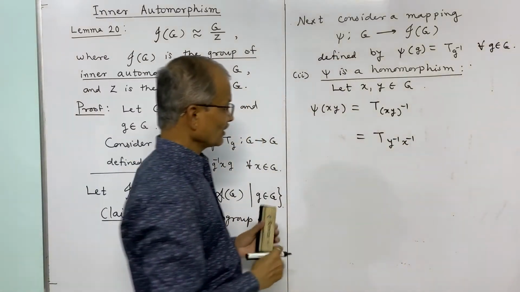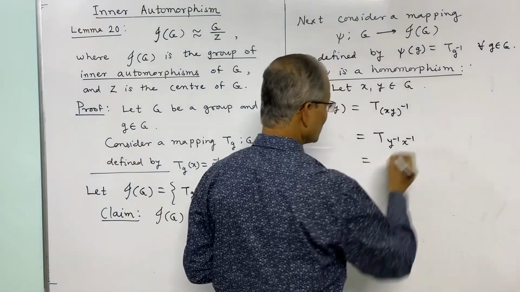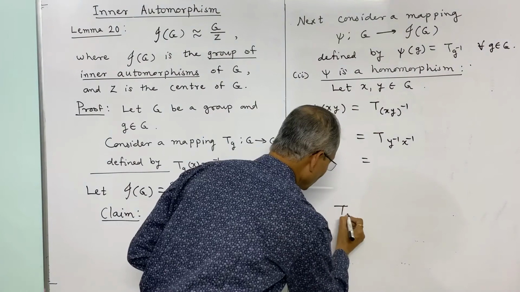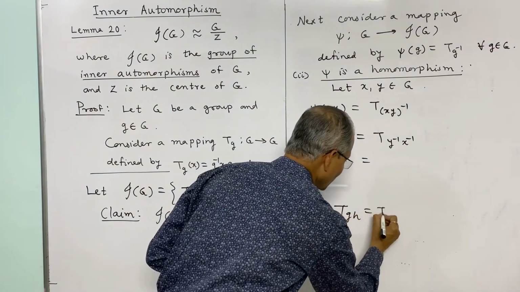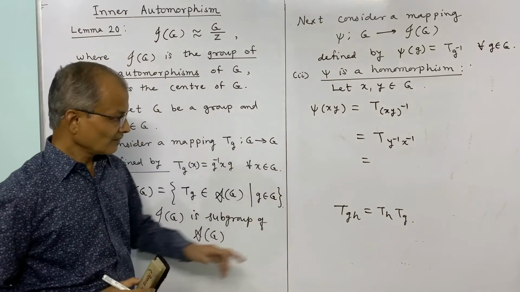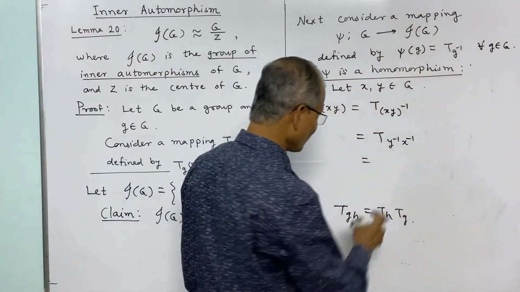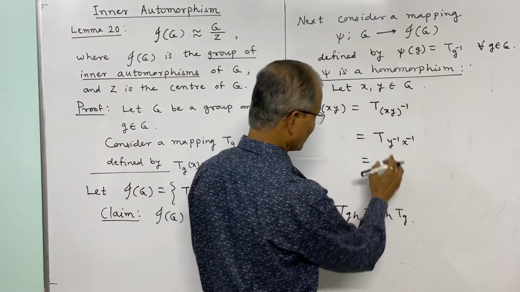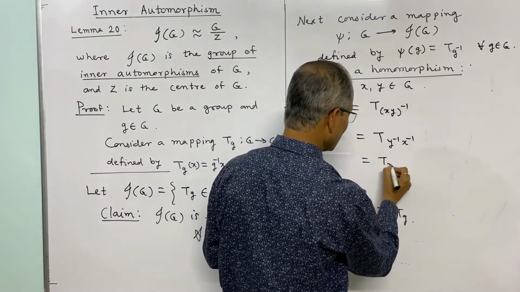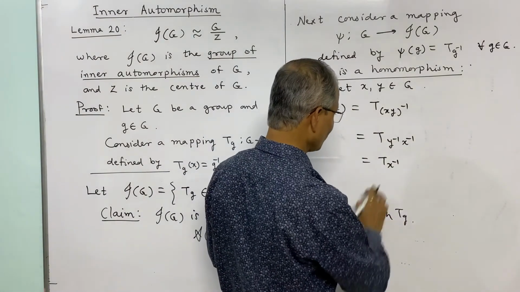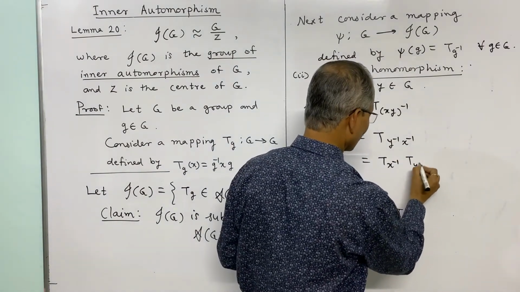Now see, our earlier equation we have written as T gh is equal to Th Tg. By using this, what will this be? First Th, that means first T x inverse, and then Tg, means T y inverse.